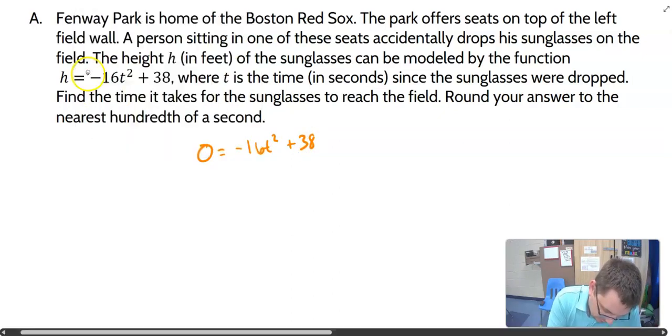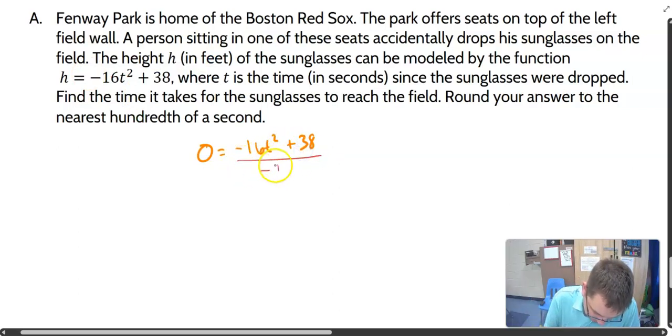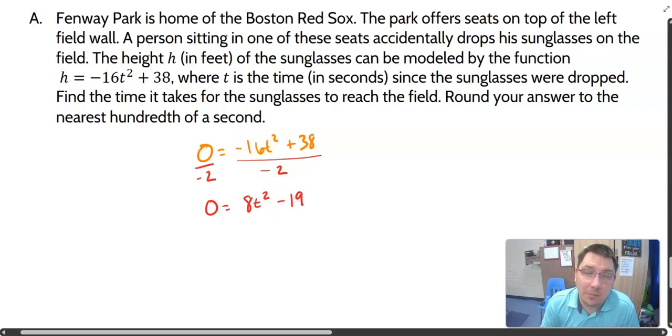And solving this for t, we're just going to take our steps to undo everything, right? So our first step is that we're going to divide everything by the negative. Well, we can't divide by negative 16 in this case, but we can divide by negative 2. And so dividing everything by negative 2, we get 0 is equal to 8t squared minus 19.